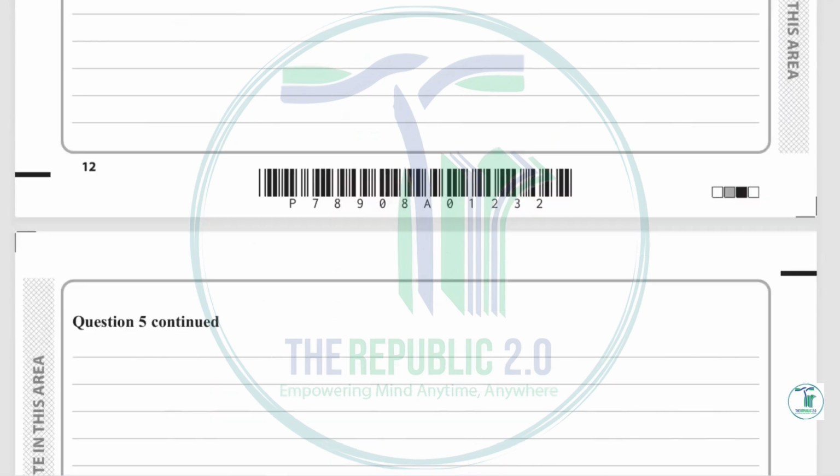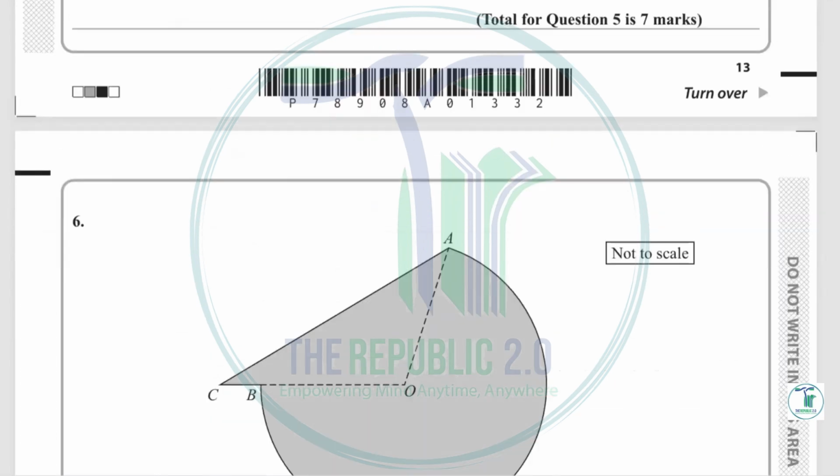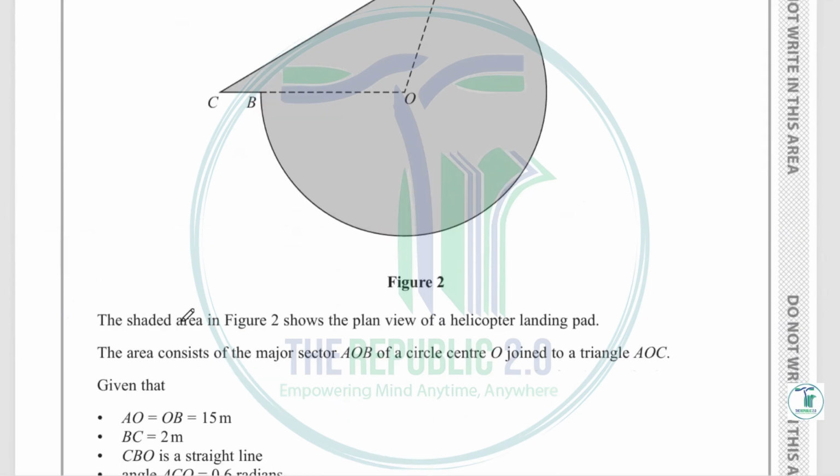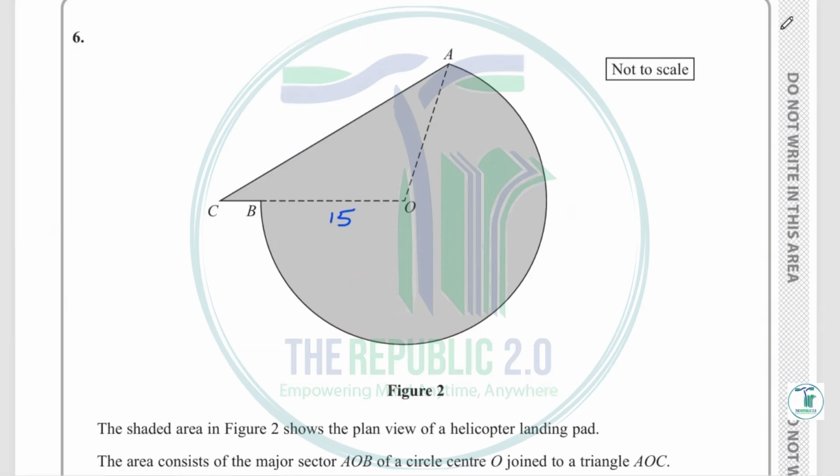Now we've got the next question. The shaded area in figure 2 shows a plan view of a helicopter landing pad. The area consists of a major sector AOB of a circle O joined to a triangle AOC. Given that AO and OB are 15 meters, so this is 15 meters, and you can see this is 15 meters as well.